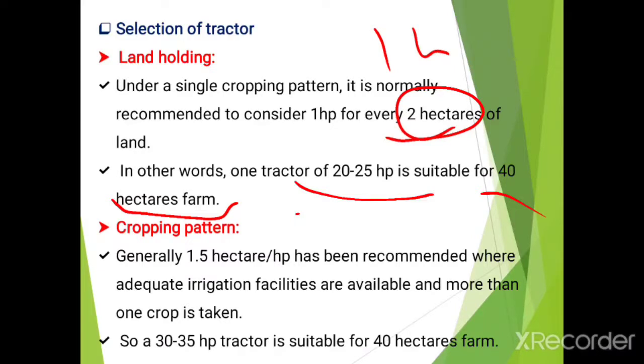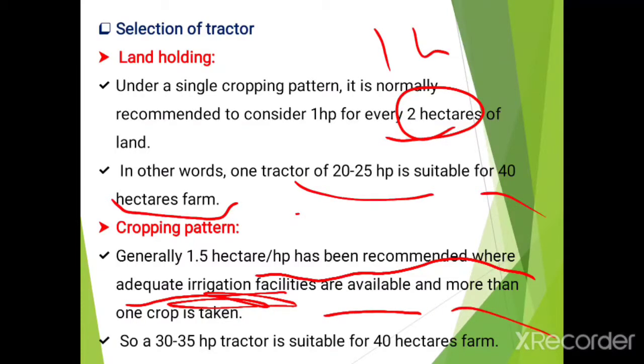Now let's see the second criterion for the selection of the tractor. Generally 1.5 hectare per HP is recommended where adequate irrigation facilities are available and more than one crop is taken. So a 30 to 35 HP tractor is suitable for 40 hectare farms.